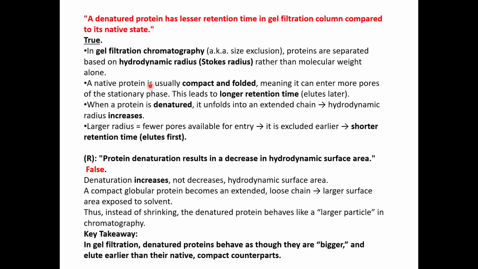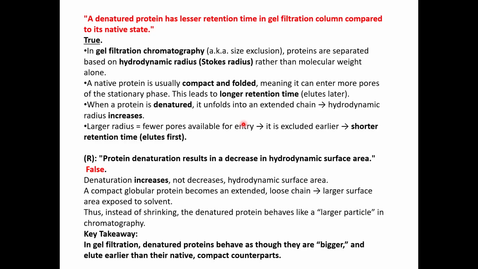But once you have some kind of denaturing agent, it will open up. If you open your handkerchief and try to put it directly in your pocket, it won't enter because it's too big for your pocket. But it's still the same handkerchief, which is now unfolded. In the same way, your unfolded protein will also be in an extended chain form, and its hydrodynamic radius increases. So therefore larger radius, even though both are of the same molecular size.